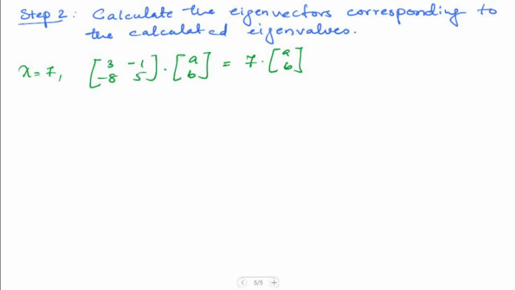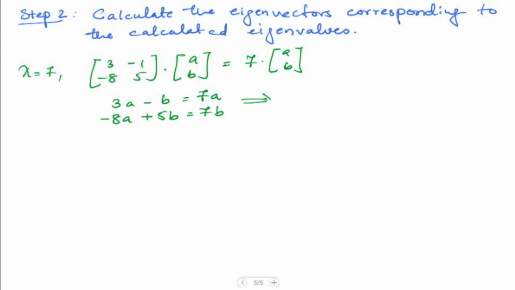So we can get the eigenvector from this. Now let's solve it further. Here we have 3a minus b is equal to 7a, and then here we have minus 8a plus 5b is equal to 7b.